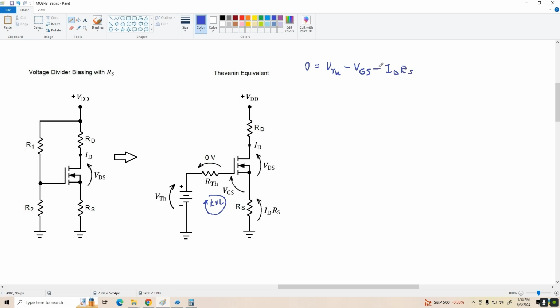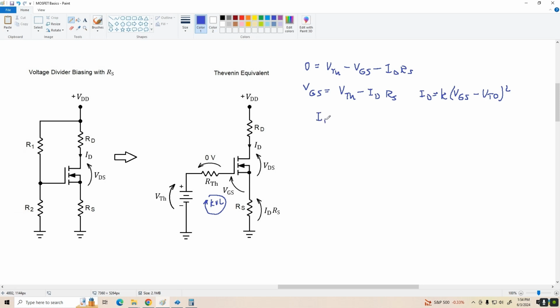We're going to solve this equation for VGS: VGS equals VTH minus ID times RS. Then we're going to back substitute that into our transconductance equation, I sub D equals K times (VGS minus V sub TO) squared. So we substitute in VTH minus ID RS for VGS.